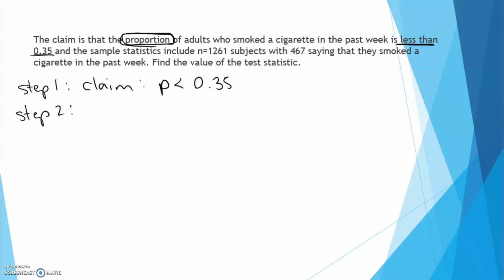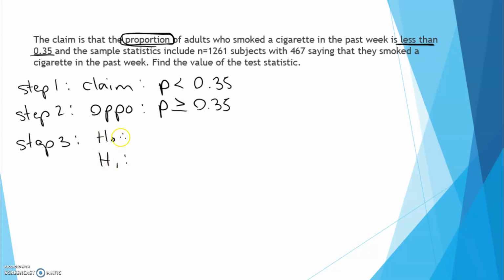Step 2, get the opposite of that, which would be greater than or equal to 0.35. Step 3, find your null and your alternative. Null will have the equal sign, so it's going to be P is greater than or equal to 0.35.